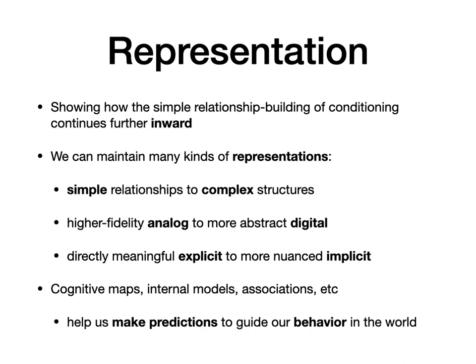There's higher fidelity analog representations and more abstract digital ones. There's directly meaningful explicit ones to more nuanced implicit ones. And altogether, we have the concepts of things like cognitive maps, internal models, and associations, all ways to help us make predictions to guide our behavior in the world.